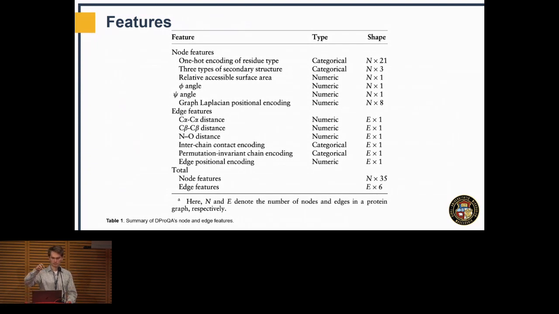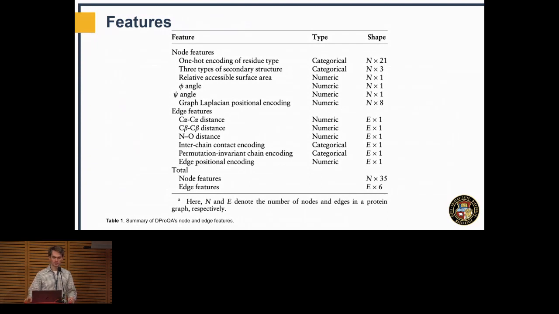So we not only have a residue-level encoding of the protein structure, where we're looking at the carbon alpha atom, but we also have some backbone context. We also have a positional encoding based on the graph Laplacian that essentially gives us a notion of distance between nodes in the graph, besides just Euclidean distance. So it could be based on the node features themselves.